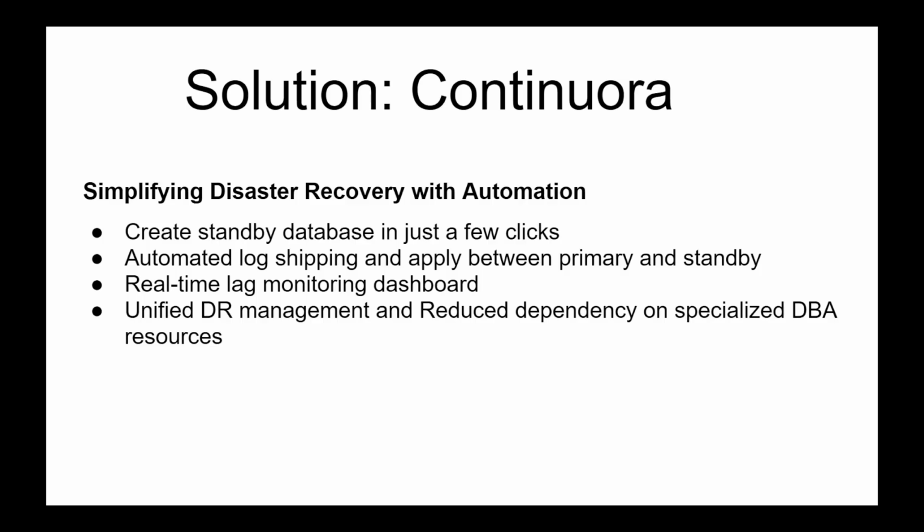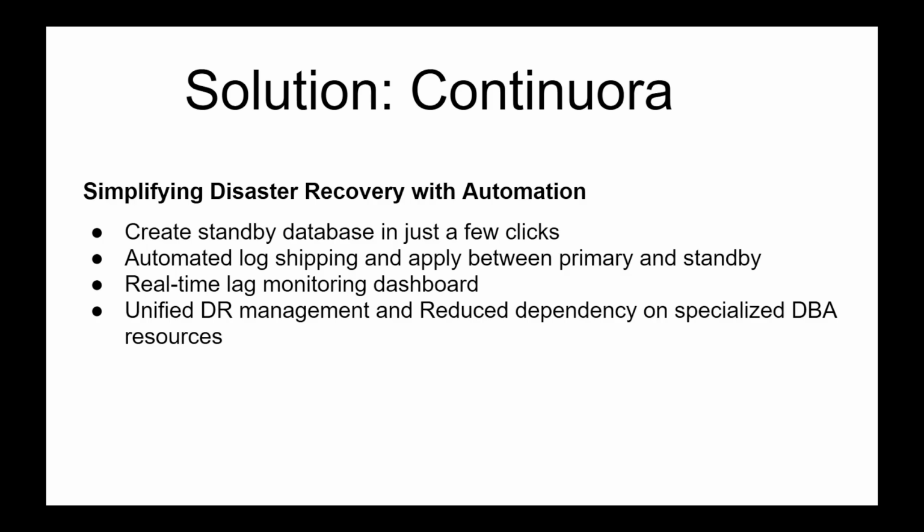Once the standby database is ready, the next thing is to ensure all the real-time changes on the primary database get applied on the standby database. However, this is very challenging in Oracle Standard Edition because there are no features such as Data Guard.